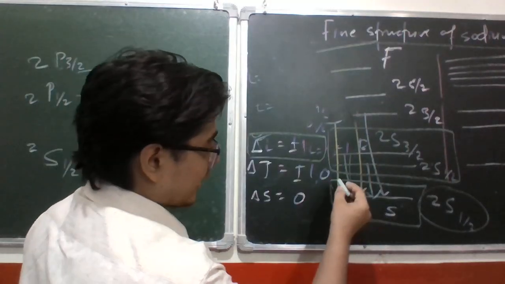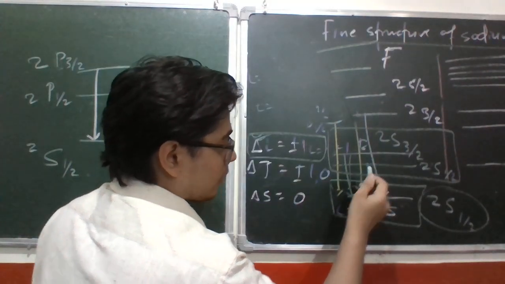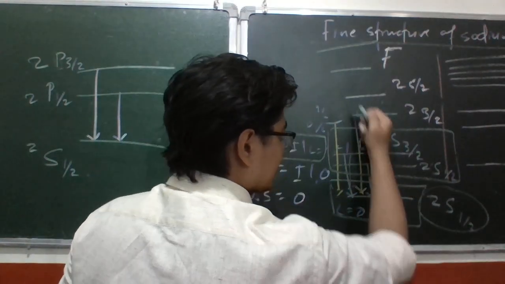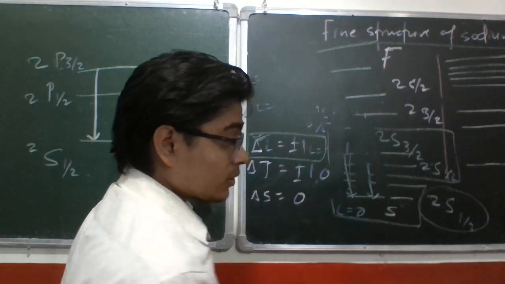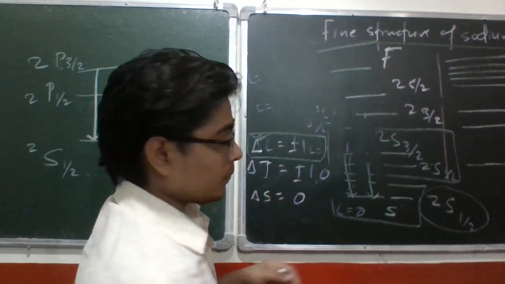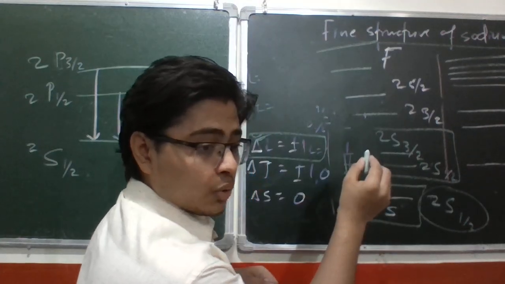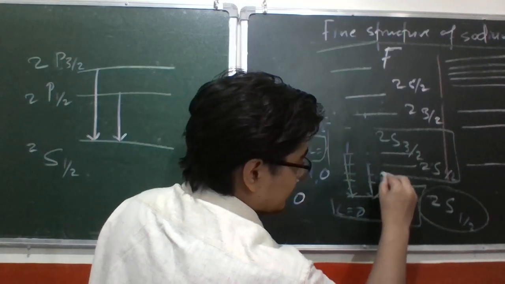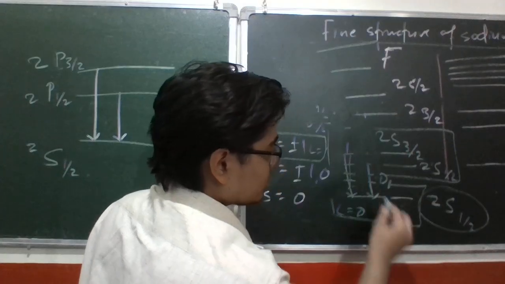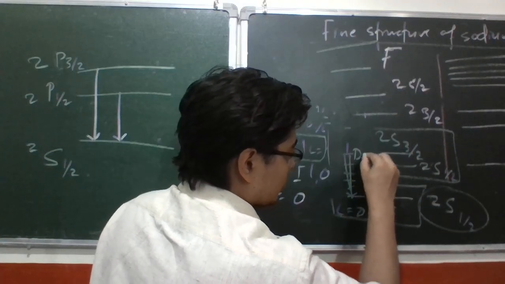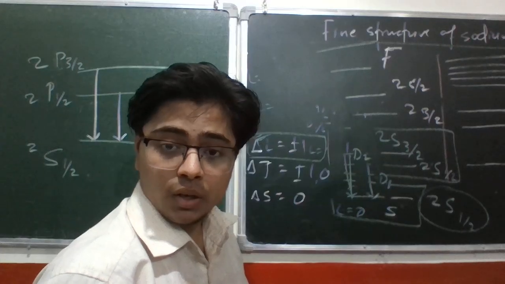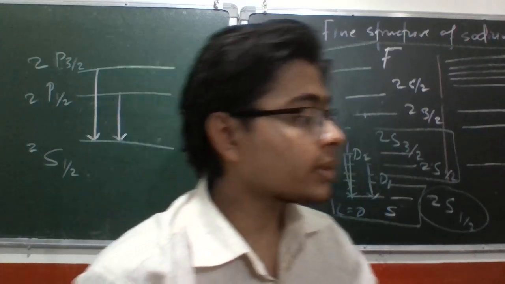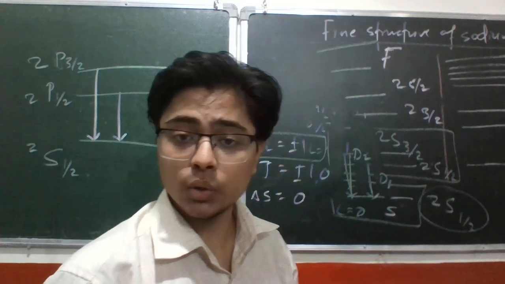Now these two lines which I had done previously are only feasible for the experiment, and of these two lines, the shorter line is called D1 and this is called D2, and these D1 and D2 are the fine structures of the sodium D line.